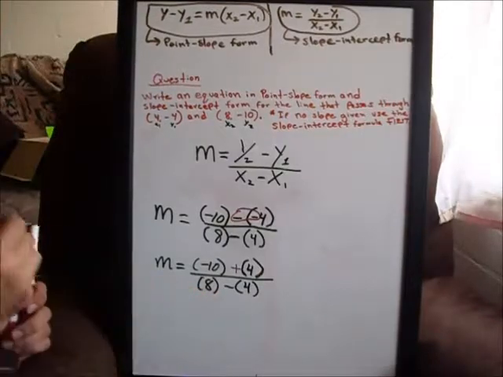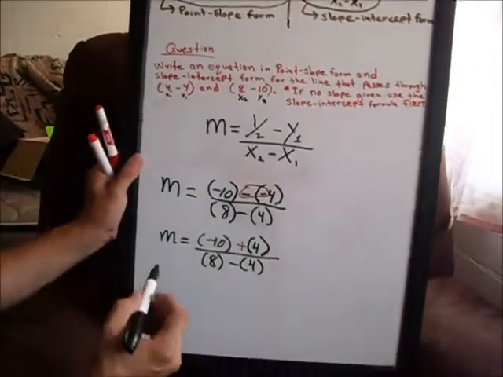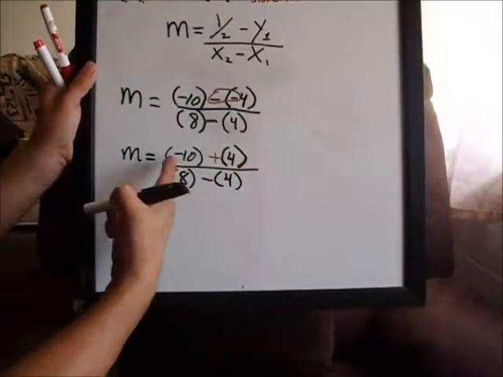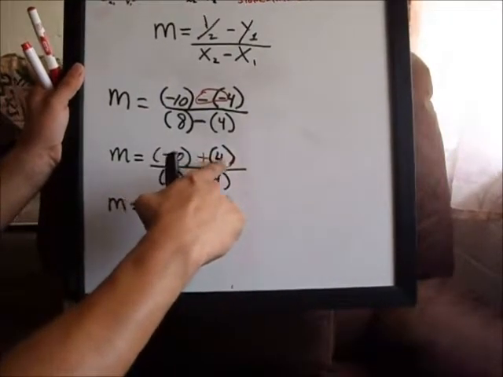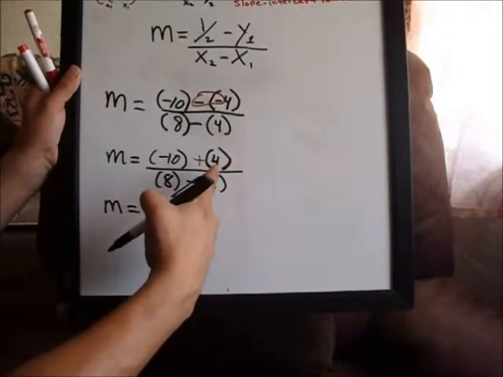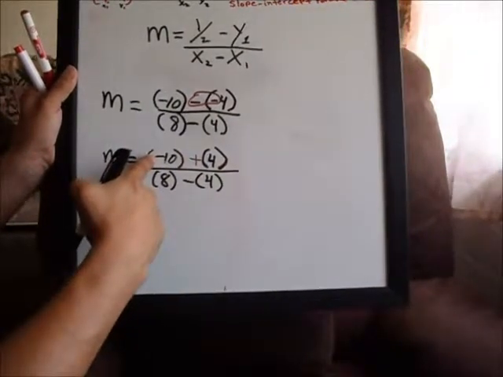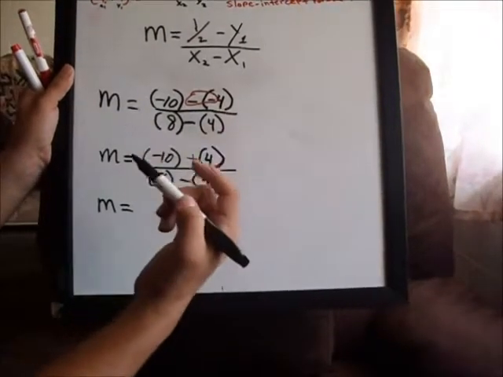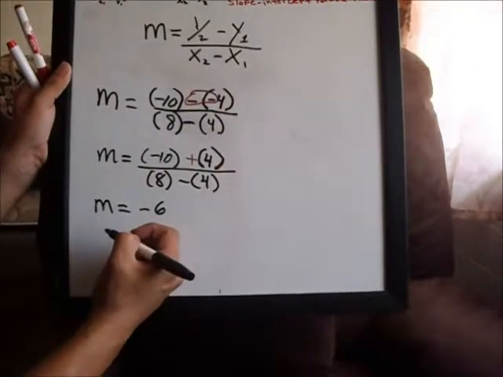Now let's solve it. Over here on the top, we have -10 plus 4. Different signs subtract, and take the sign of the largest. That's -10, take away 4, pretty much. So the answer would be negative 6.